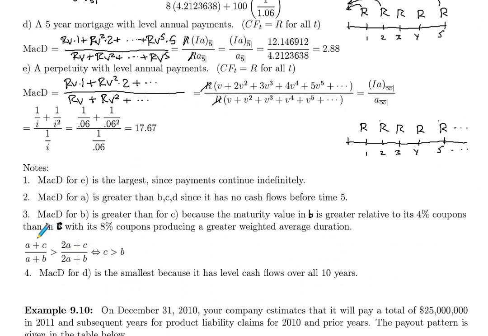Also, you can actually show with a little bit of work here that the following inequality holds true for all real numbers. If you look at a plus c over a plus b, and then compare it to 2a plus c over 2a plus b. So the c and the b stayed the same here. So in other words, the second part of the numerator and denominator stayed the same, and that's what happened in Part B and C. But then the first part of the numerator doubled.